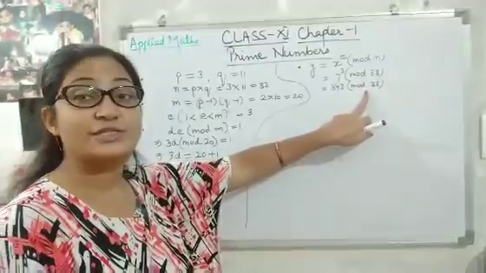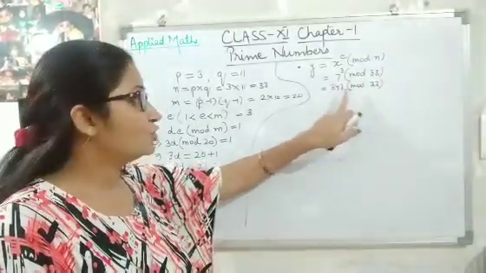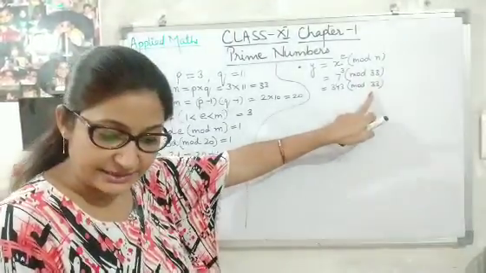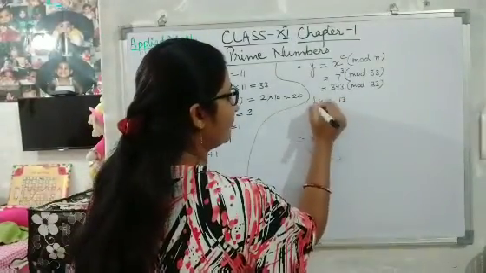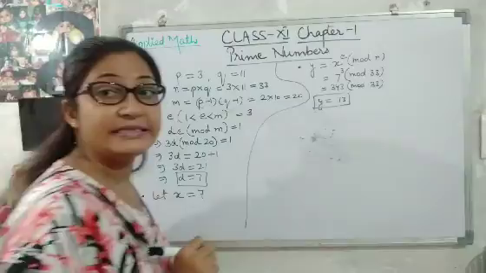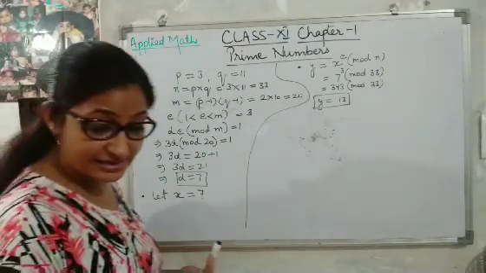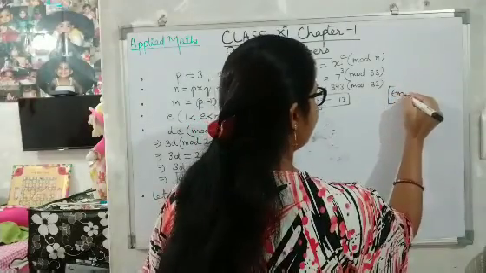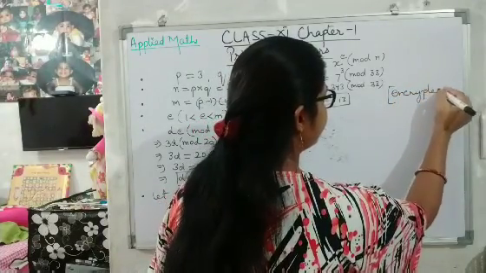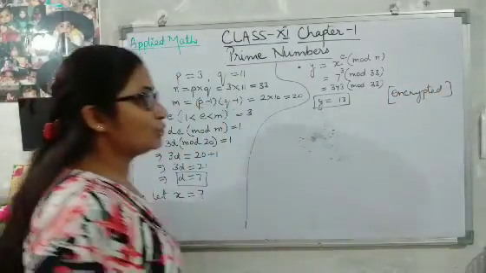It only returns you the remainder. So 343 divided by 33 gives you a remainder of 13. So the value of y turns out to be 13. This is your encrypted key. This is encryption.